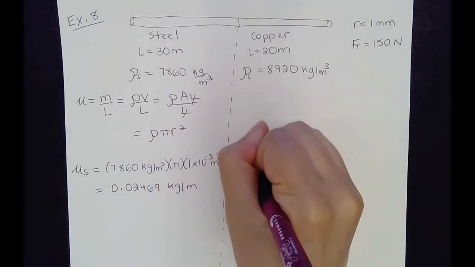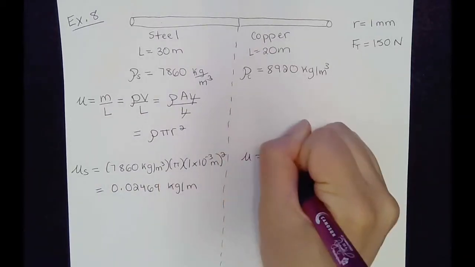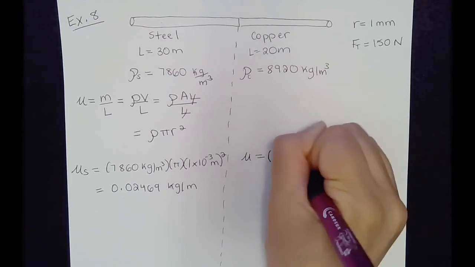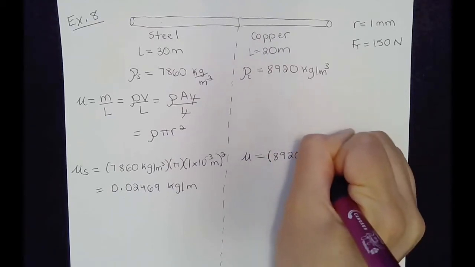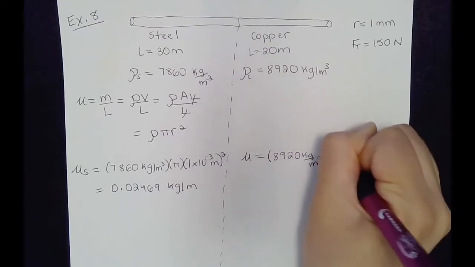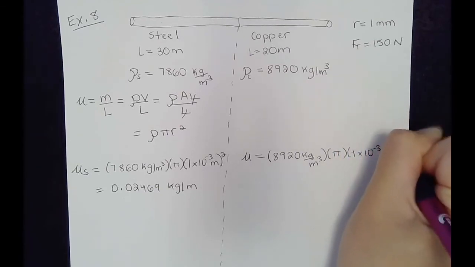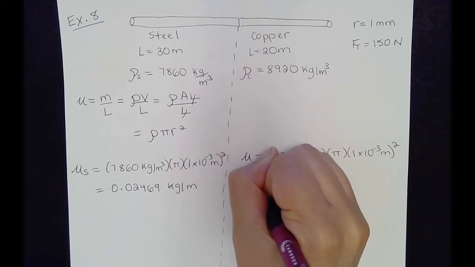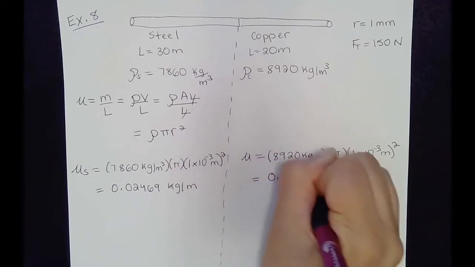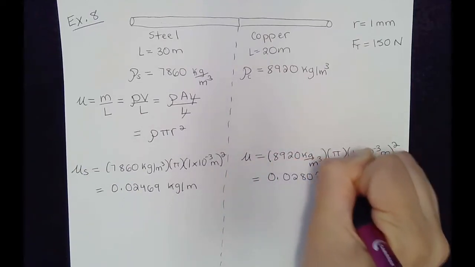Then I'll repeat that for copper: 8,920 kilograms per meter cubed times π times (1 × 10⁻³ meters) squared. For copper, that's 0.02802 kilograms per meter.